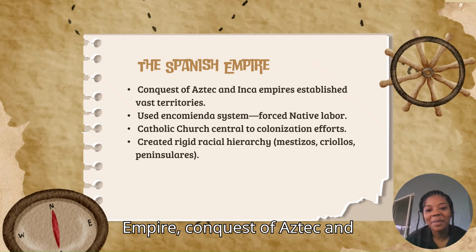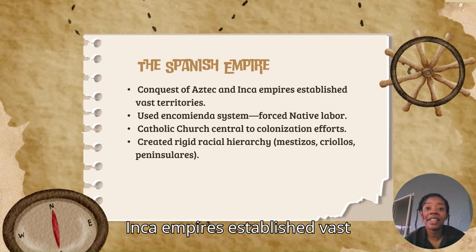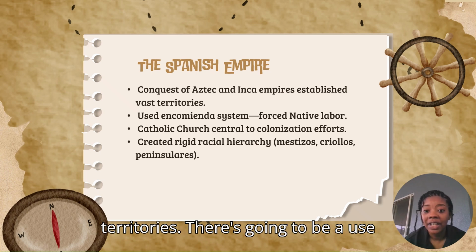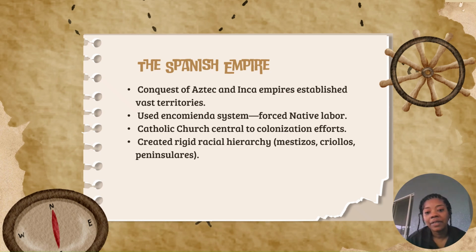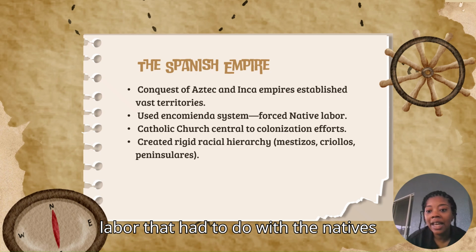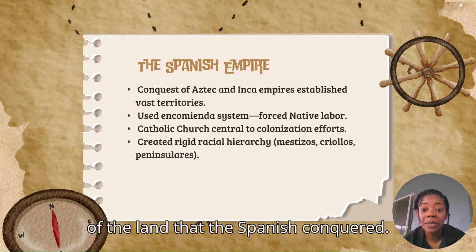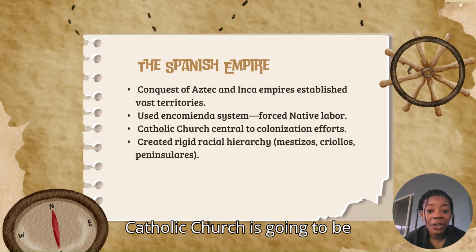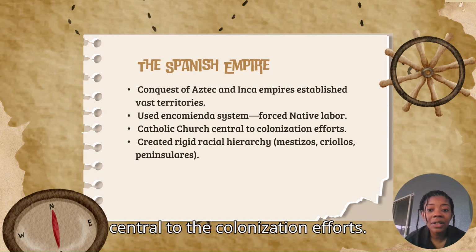The Spanish Empire. The conquest of the Aztec and Inca empires established vast territories. There was a use of the encomienda system, which was forced labor of the natives of the land that the Spanish conquered. The Catholic Church was central to the colonization efforts.